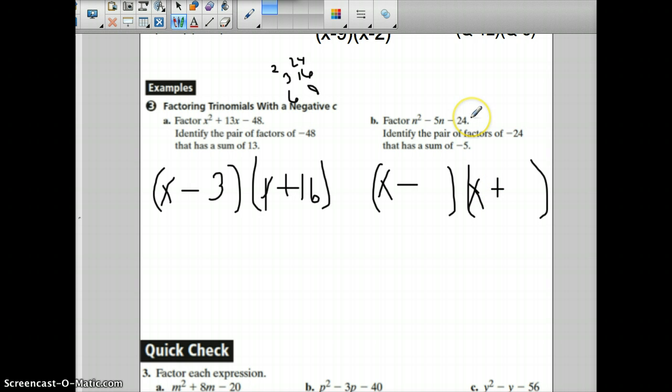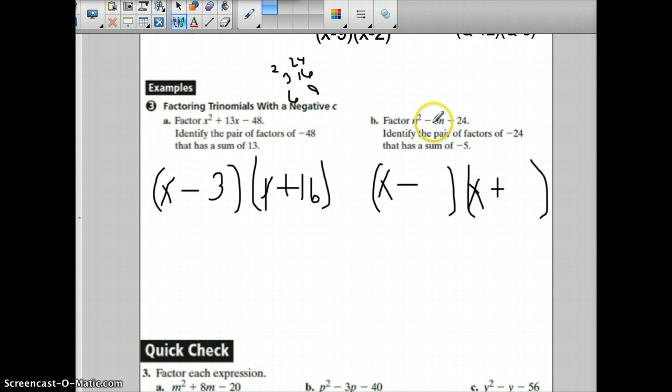Now I need to start thinking about two numbers that multiplied together to give me 24. Okay, so I'm thinking 2 and 12, 4 and 6, 3 and 8, 1 and 24. They all multiplied together give me 24. But I need a difference this time.